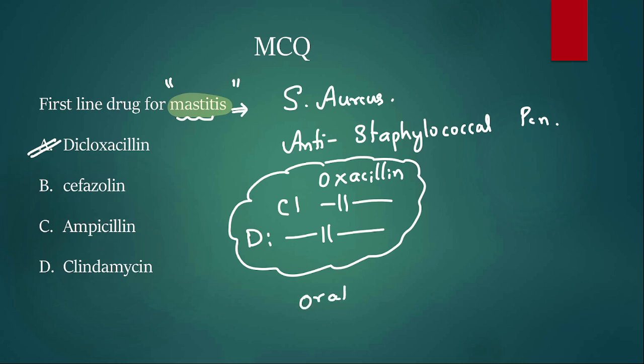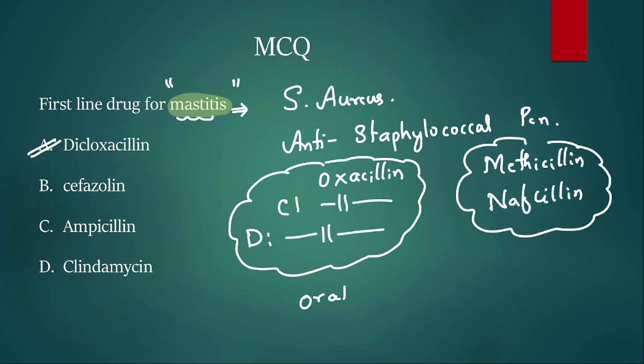The ones which can be given parenteral are methicillin and one more drug called nafcillin. The problem with nafcillin, they are parenteral drugs, but they can cause interstitial nephritis. So the best option or first line option for Staph aureus is dicloxacillin.